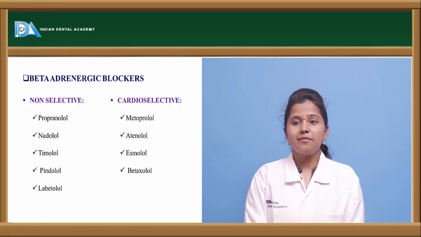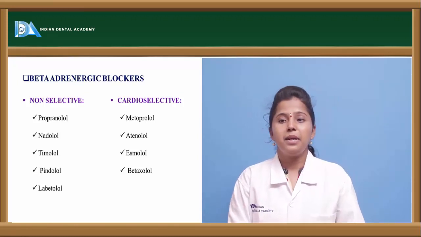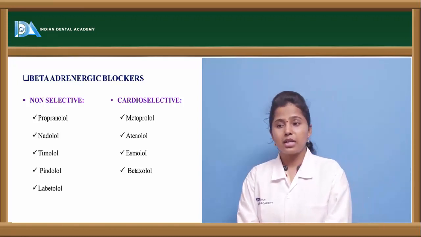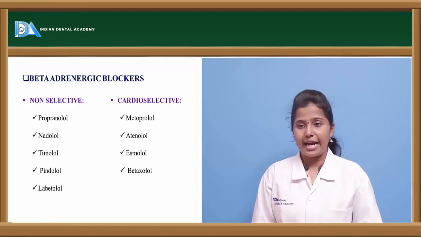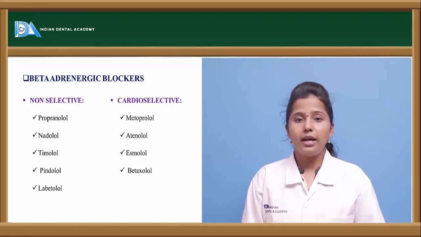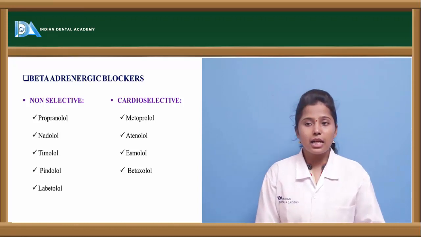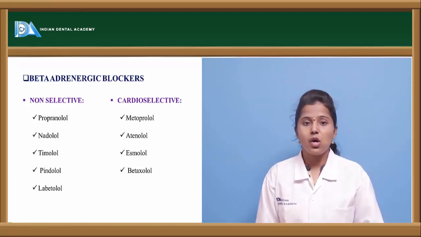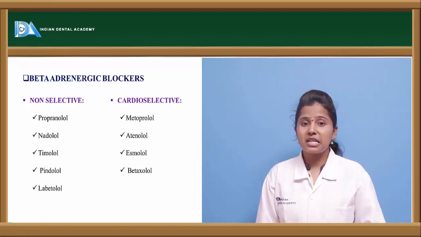So non-selective beta adrenergic blockers can bind to any of the receptors, but cardio-selective drugs, beta 1 selective or beta 2 selective, will bind to only a particular beta receptor and show their action. Non-selective beta adrenergic blockers include propranolol, nadolol, timolol, pindolol and labetalol. And cardio-selective drugs include metoprolol, atenolol, esmolol and betaxolol. All these bind to the beta 1 receptor because beta 1 receptor is present in the cardiac muscle.